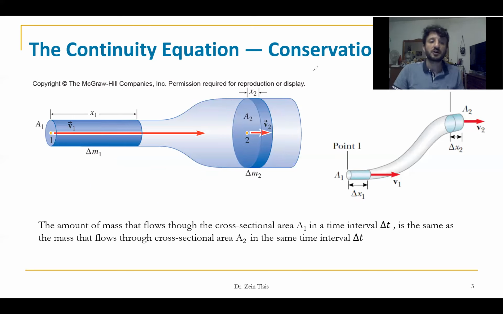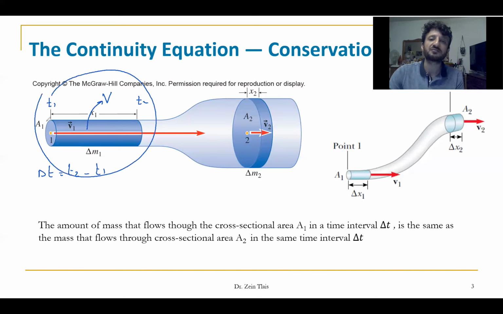The second point, during a time delta t, okay, we can say time interval, a volume of water will flow inside the tube. We can say the initial time at this point and the final time at this point. So during a time delta t equals T2 minus T1, we have a volume V1 flow inside this small tube. And we have the same volume.